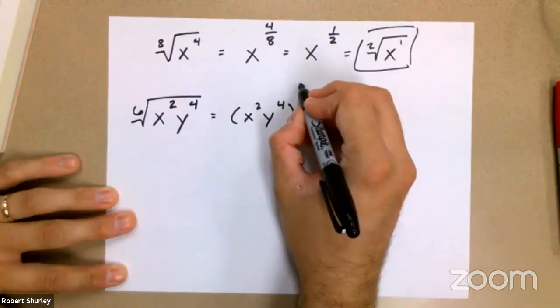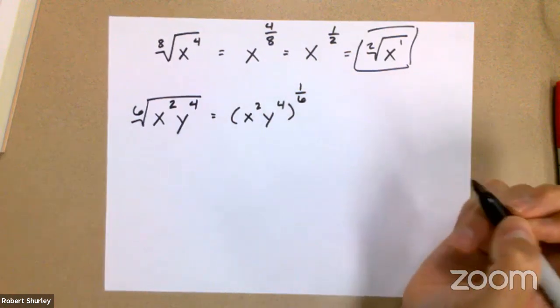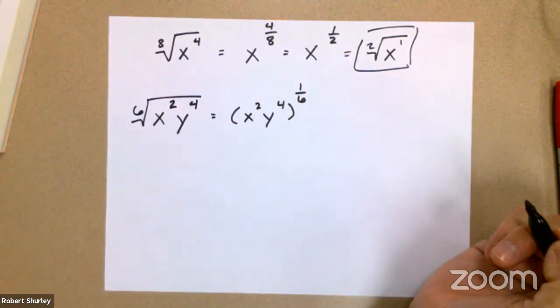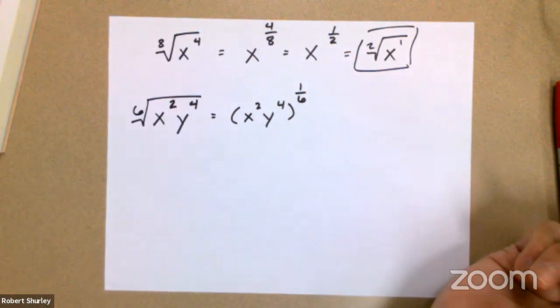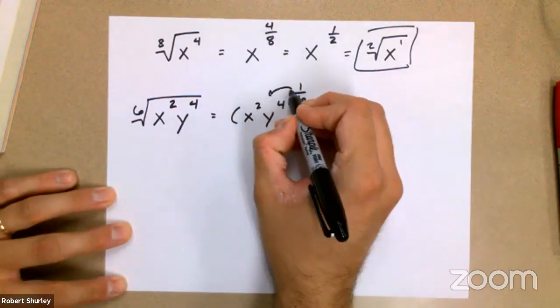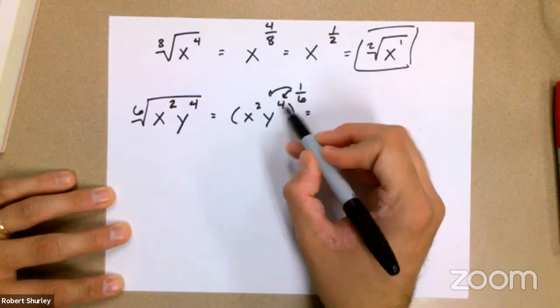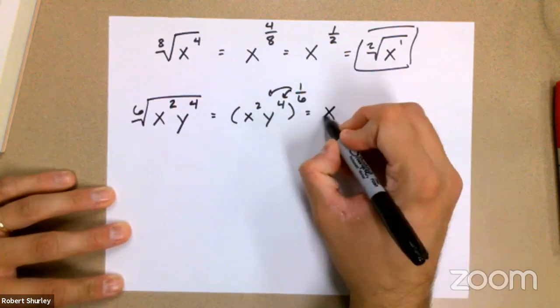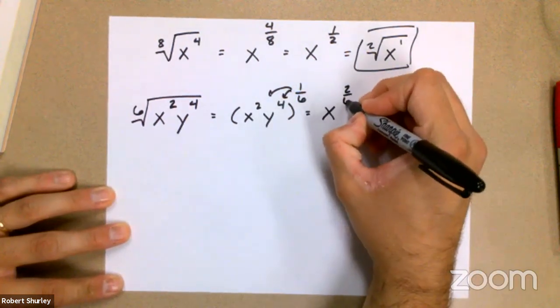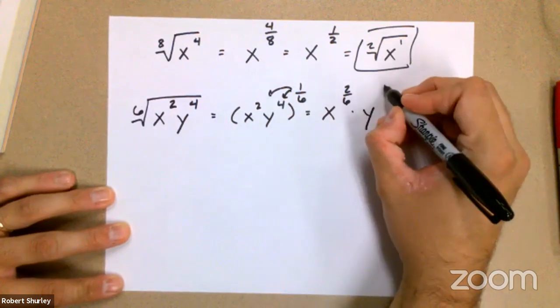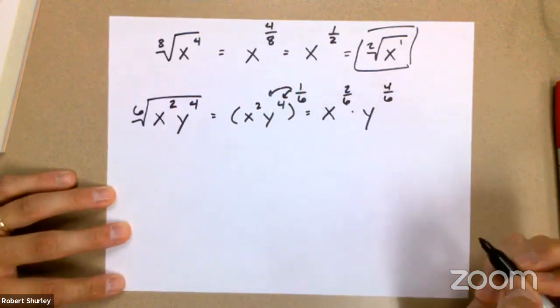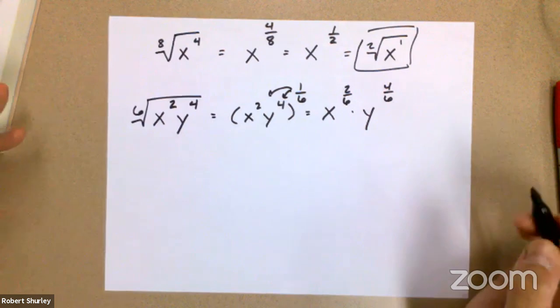Raised now to the 1/6 power. Then I'm going to distribute this to both of my exponents. Remember, integer times a fraction, just multiply the top. So this winds up being x to the 2/6 times y to the 4/6. Okay?